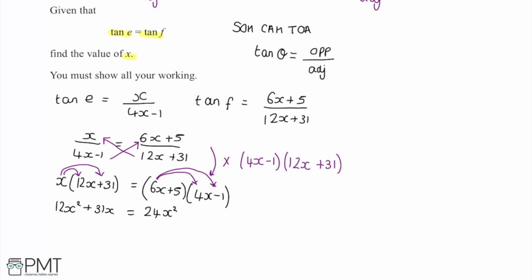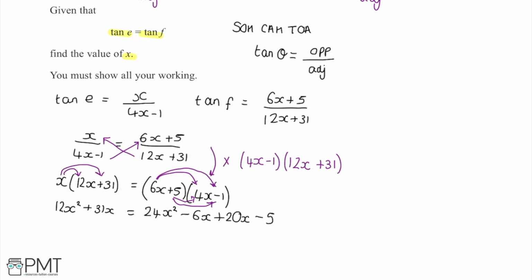So 6x times minus 1, I'm going to do minus 6x. Now moving on, we have 5 times 4x, and that gives us plus 20x. And then finally, we just do this last one. 5 times minus 1 gives us minus 5.